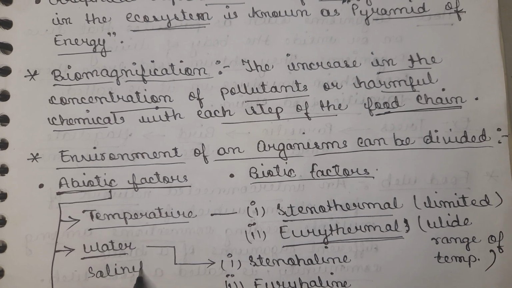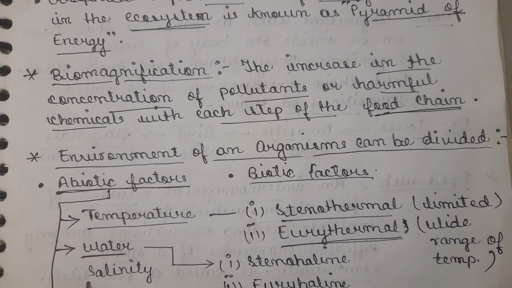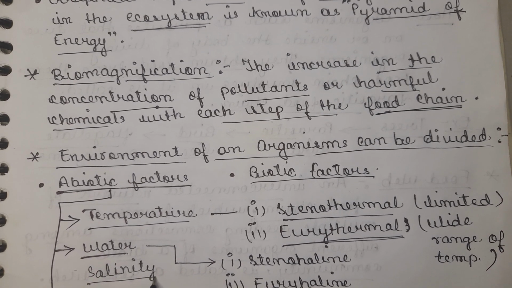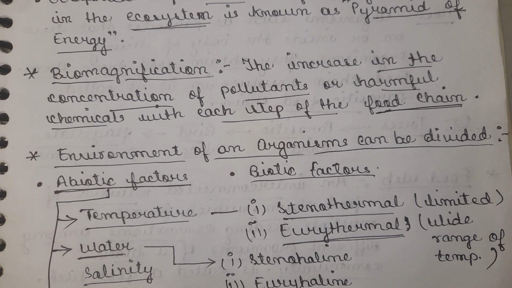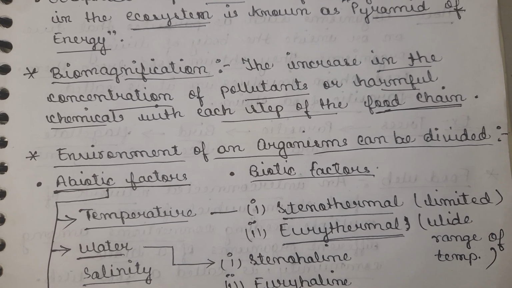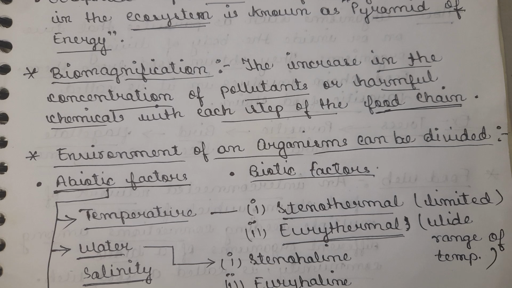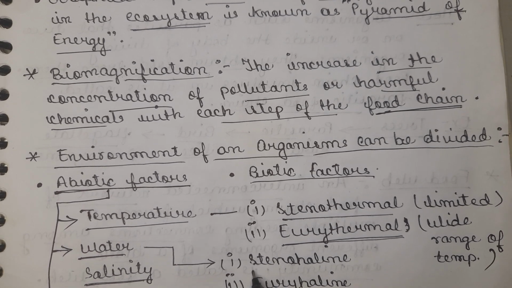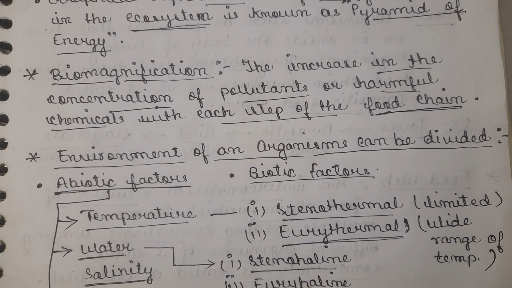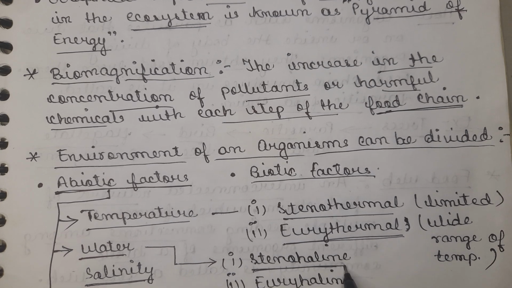Here salinity means the amount of minerals, or we can say the salt, present in the ocean. Some organisms can tolerate this salinity, but some cannot tolerate saline water. So organisms can be divided into two parts based on water salinity. The first one is stenohaline.